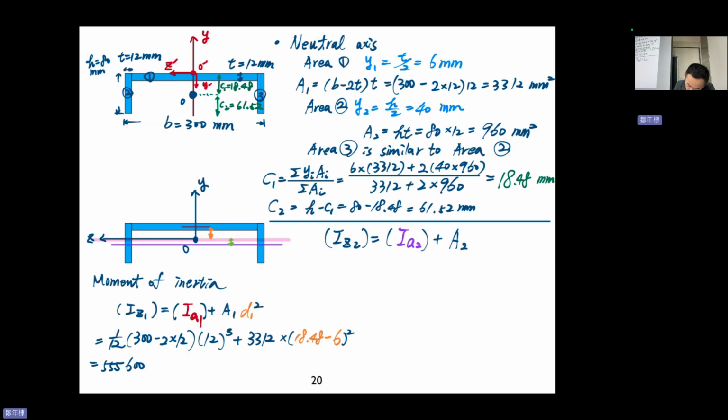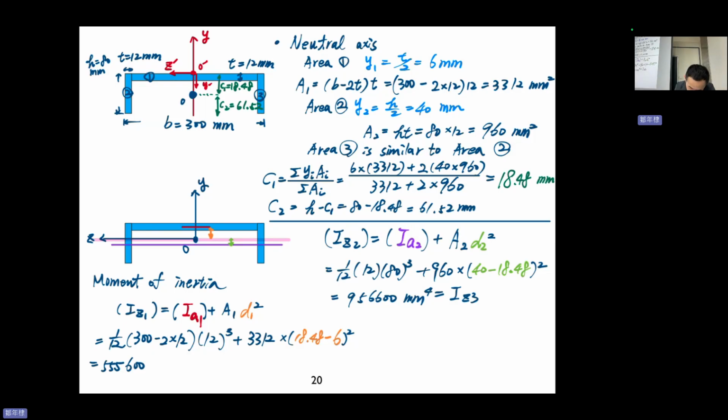A2, D2 squared equal to 1/12, 12, 83 plus 960 times 40 minus 18.48 squared equal to 956,600 mm4. And of course, it is equal to IZ3 again.